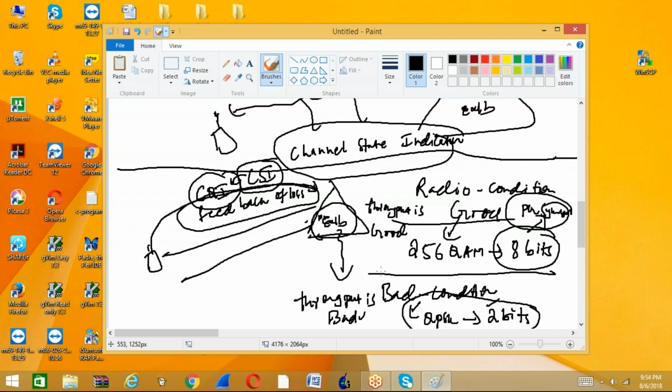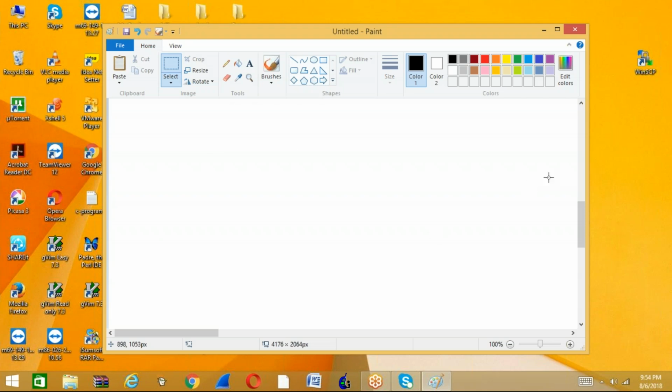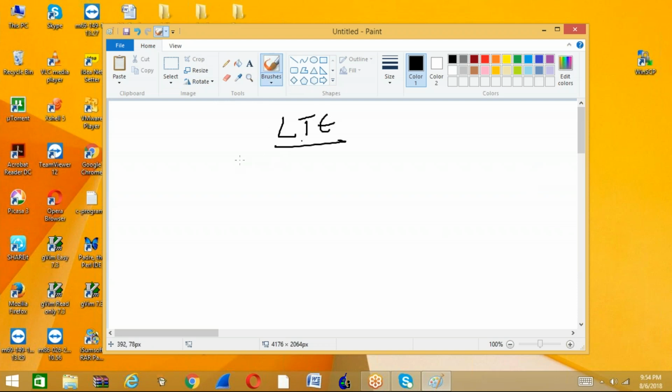So I'm concluding my discussion. The discussion conclusion is something like this. I hope you remember all this. The conclusion is in LTE, as I already told you, the thing is, in uplink and downlink, UL and DL.